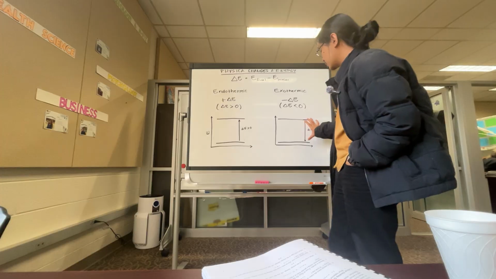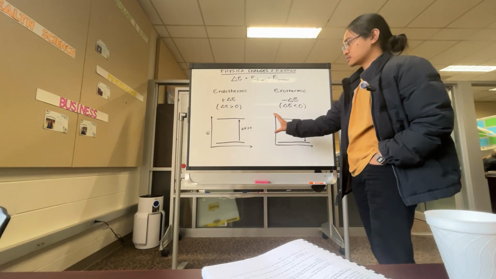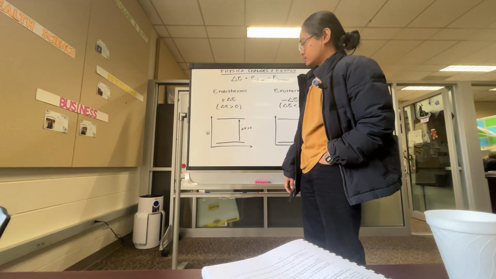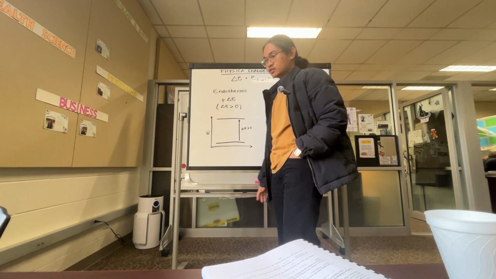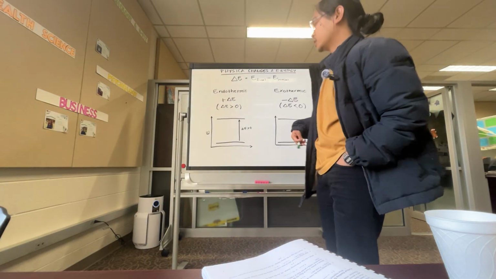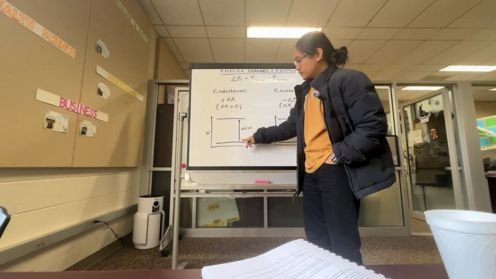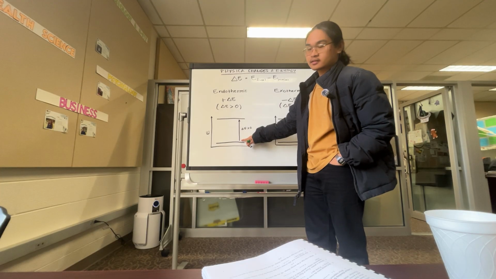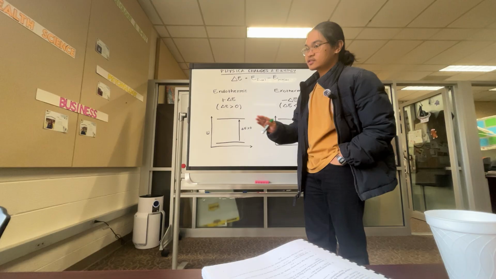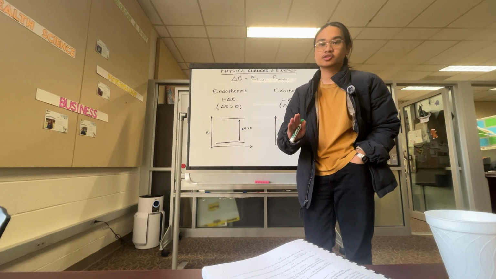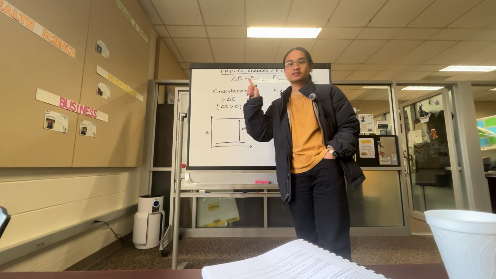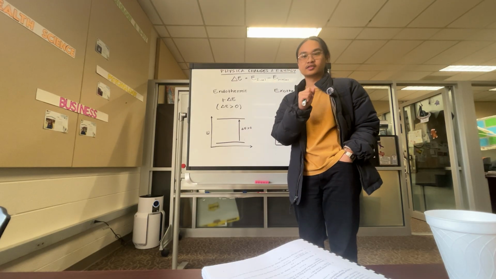Now I want us to fill in these blanks. I know this one is already written out in your packet, but I just want to write it out again right here. The beginning end of an arrow is where your initial system is, and it points to the final state of your system.